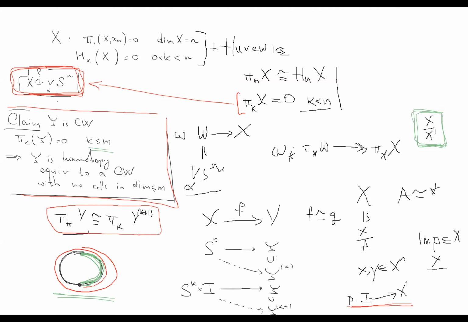But the lower skeleton in our case is just a point, so we have the constant map from the boundary to a point. In this case, all that we can obtain is just a wedge of spheres. Okay, is it clear? Yeah, I think so.